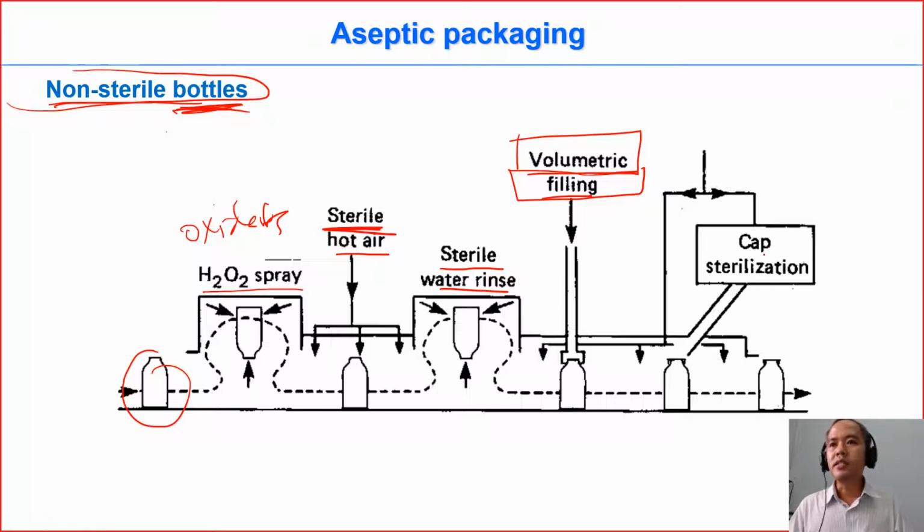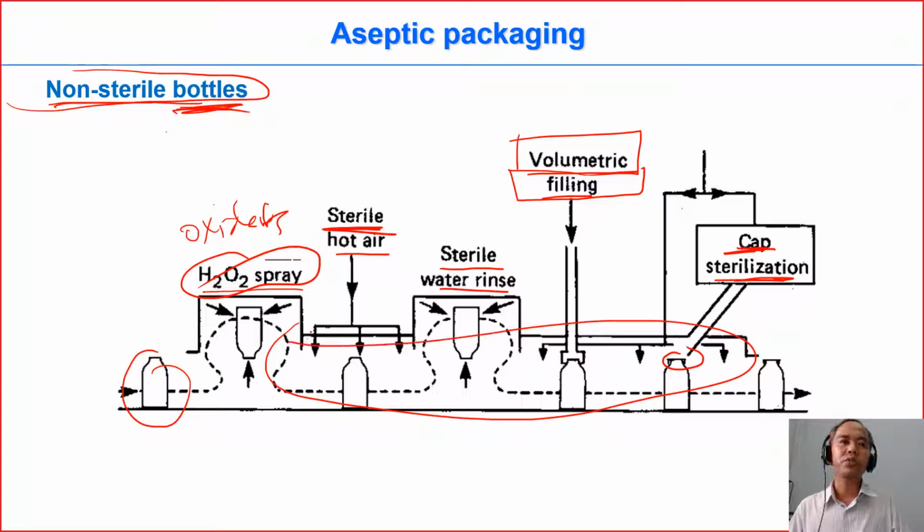And then we do capping, but before we introduce the caps to close the bottle, we have to sterilize the caps. And to sterilize the packaging material, the cap, we also use this chemical. And then all the conditions inside the packaging chamber should be aseptic.